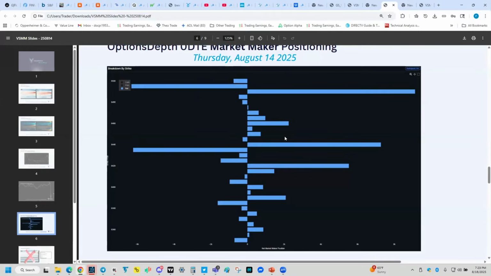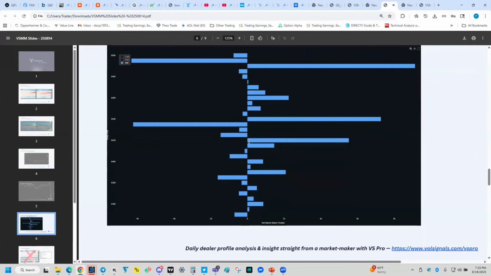Now let's go over here. Let's pretend these bars aren't here for now. This one here to the right. We have this one here where market maker is long, and here we have market maker short. When he's short an option, it means somebody bought it.